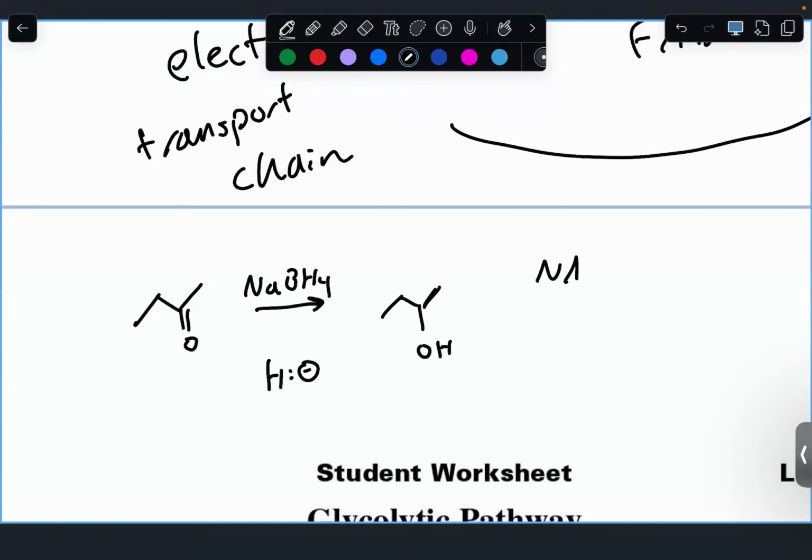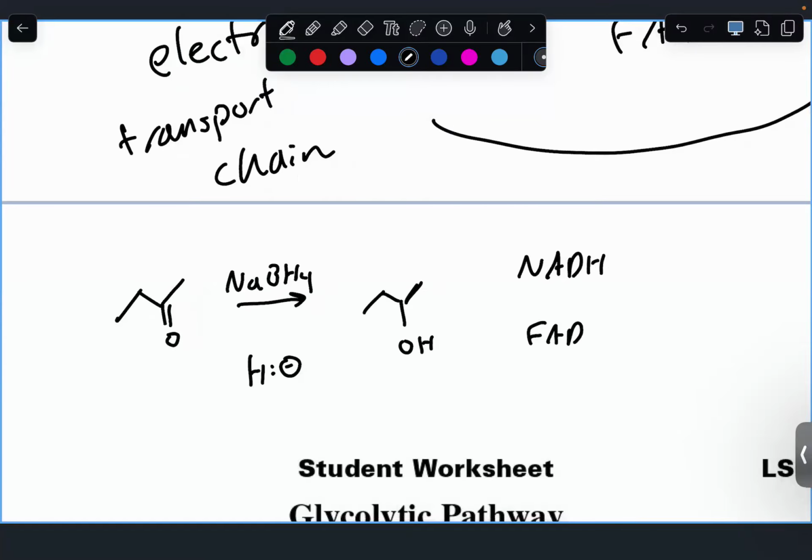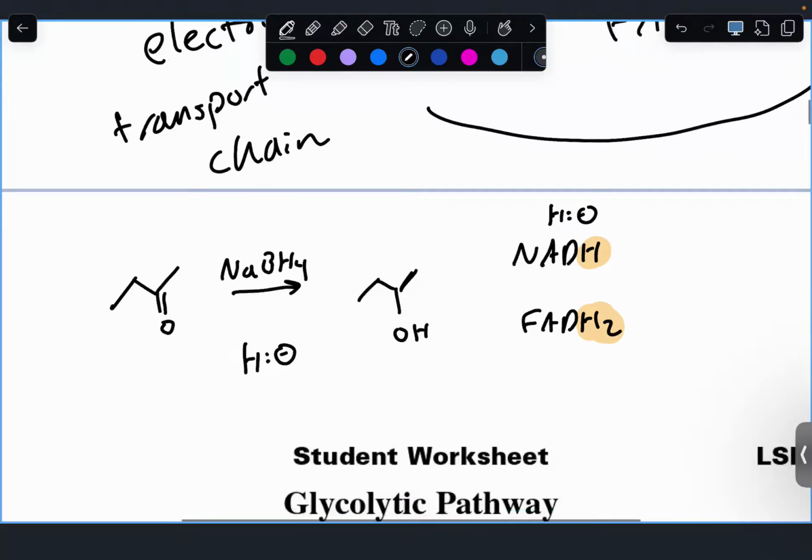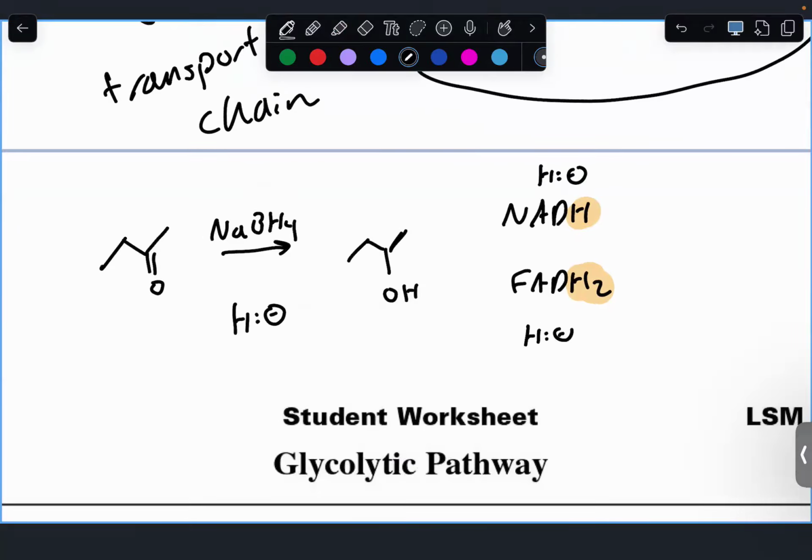So NADH and FADH2 both contain the equivalent of a hydride ion, H minus, and this is really H minus and H plus because it's the same thing, but it goes through a slightly different mechanism.